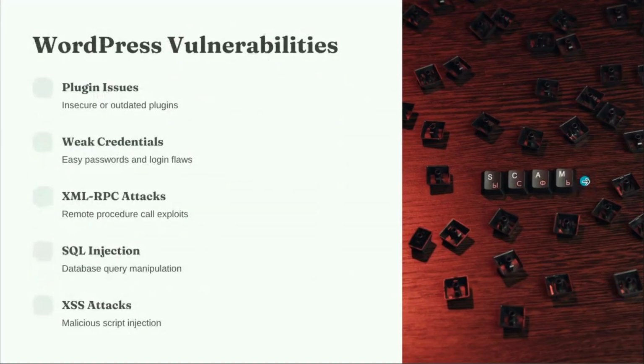When it comes to WordPress vulnerabilities, the major focus is on the plugins and their current versions. Plugin issues arise when insecure or outdated plugins are used in a WordPress site, along with weak credentials, easy passwords, login flaws, and XML-RPC attacks, which are remote procedure call exploits. SQL injection and XSS attacks are common in both normal sites and WordPress sites.